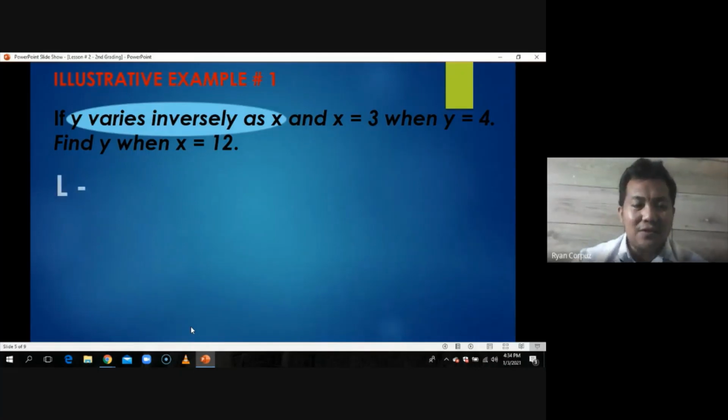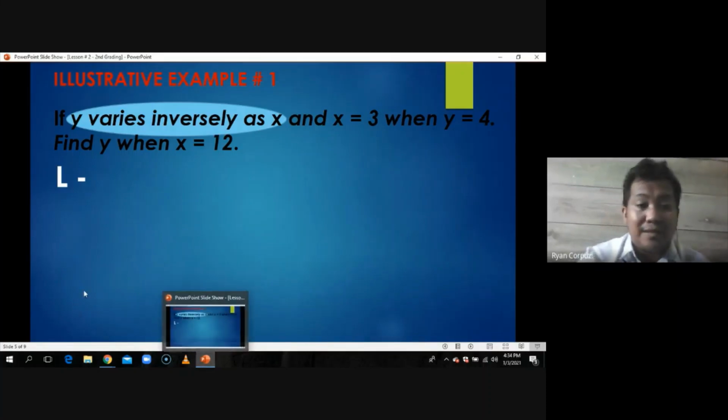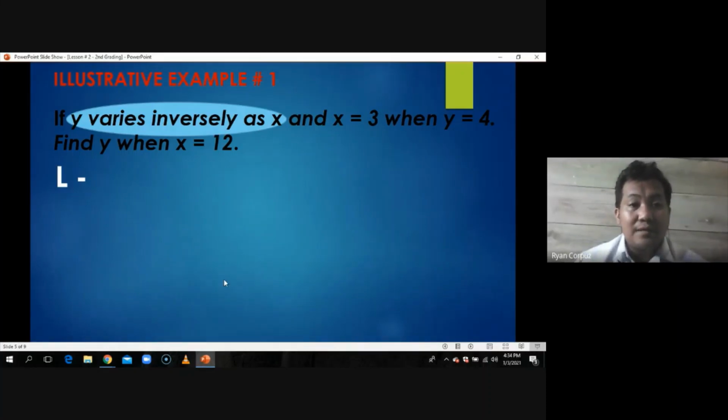Using the first step, what we are going to do is translate this statement of variation into symbols. Pag-translate natin siya into symbols, y varies inversely as x, if we translate it the same way as we read it, that will be y is equal to k over x.